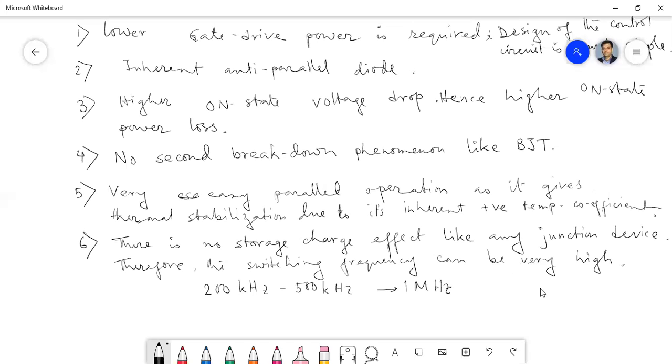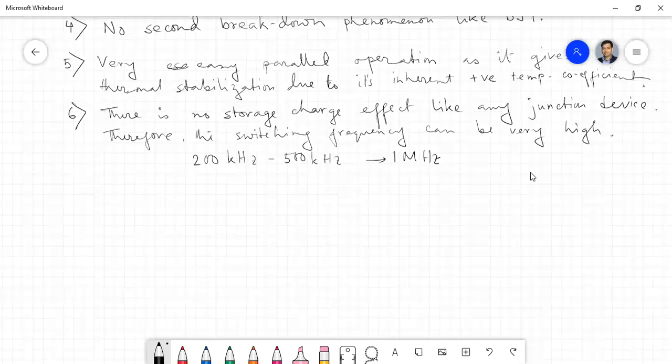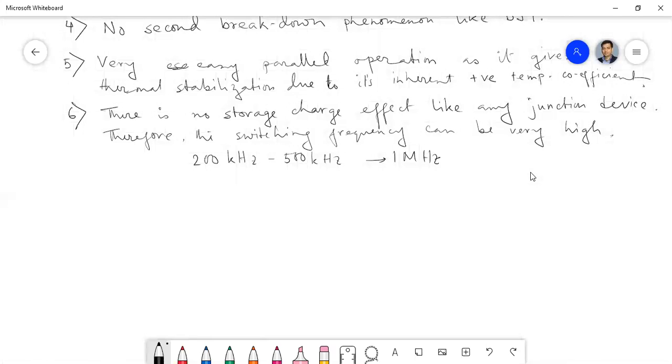So these are the important characteristics of our MOSFET and the available ranges which you can get in the market.